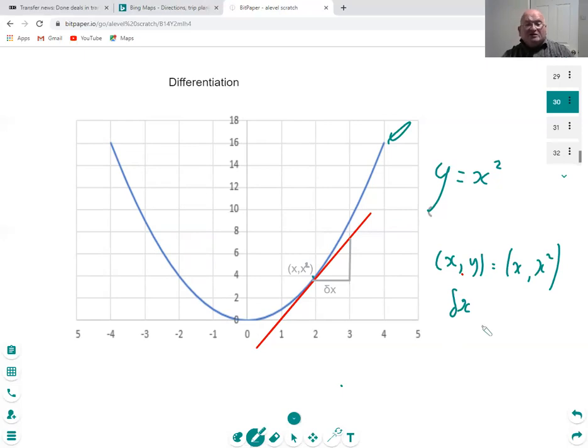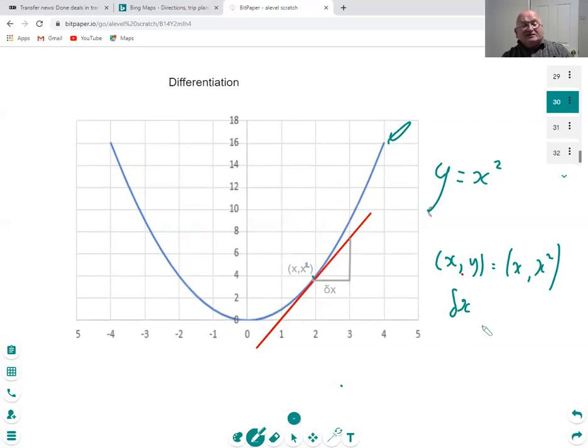So, rather than what I did in the last case, where I tried to look at points a long way apart, here we're going to look at points very close together, so they're still kind of at the point where the tangent is along the line of y equals x squared. So we have this thing, what we call delta x.